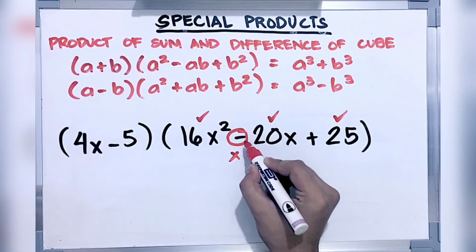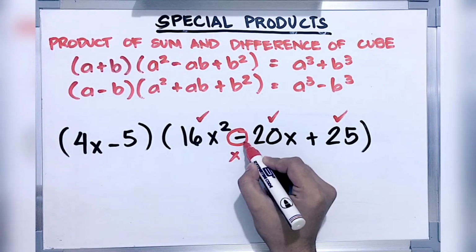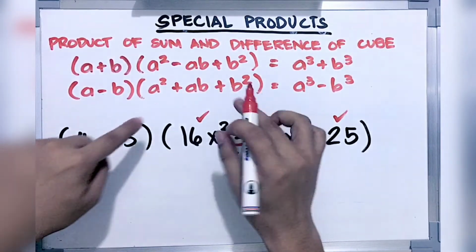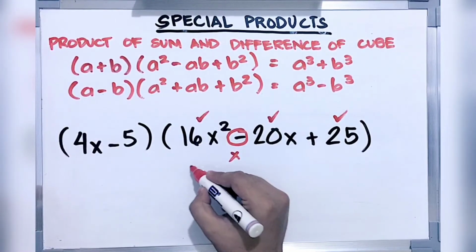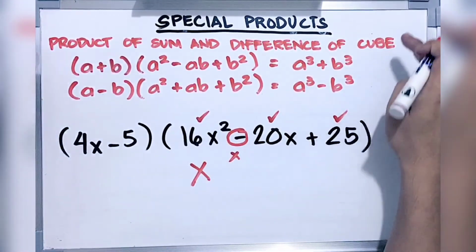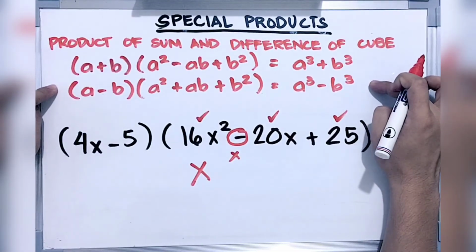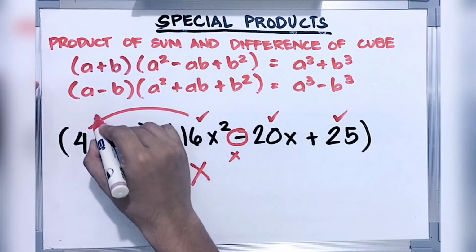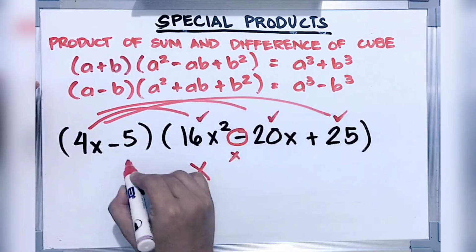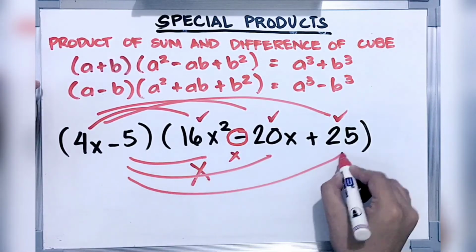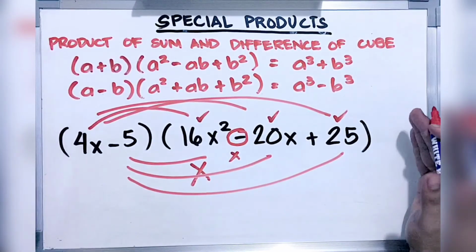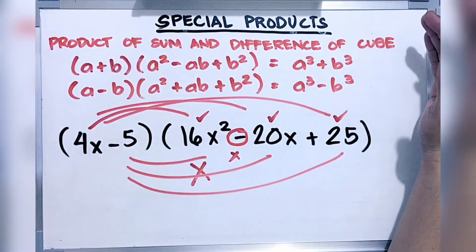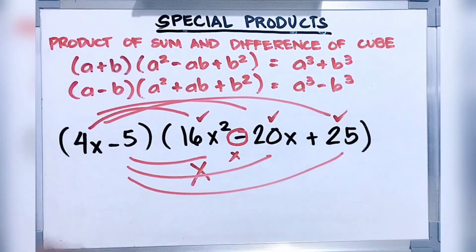Kaya lang, since hindi na-satisfy nitong sign na to yung general formula, hindi natin pwedeng gamitin itong formulang to. So, ang pwede natin gawin is i-multiply natin siya isa-isa. Hindi natin pwedeng gamitan yung ganitong equation ng special product.